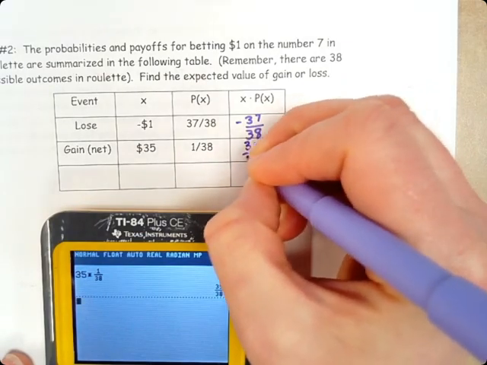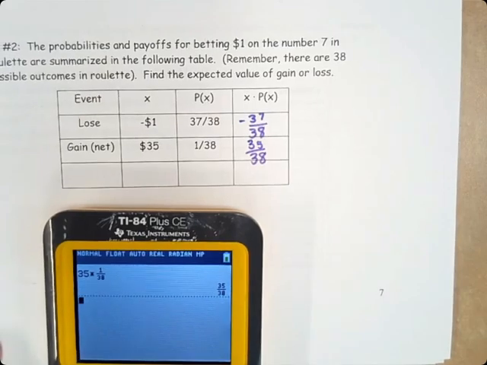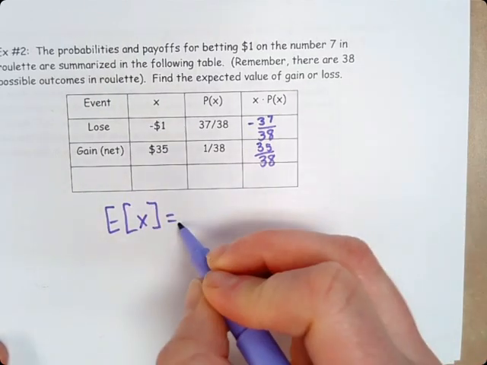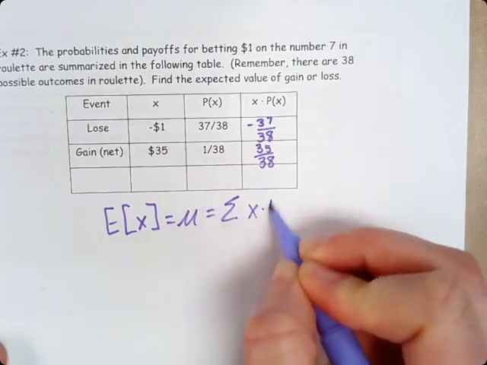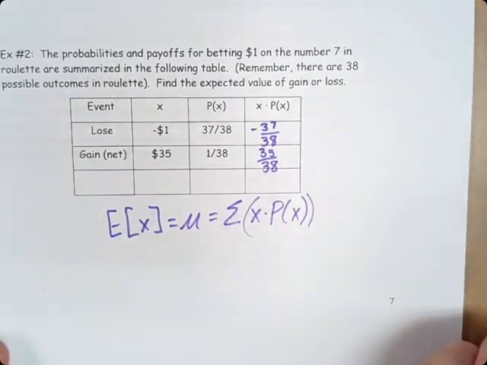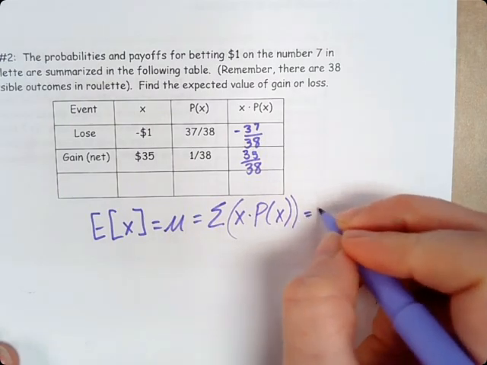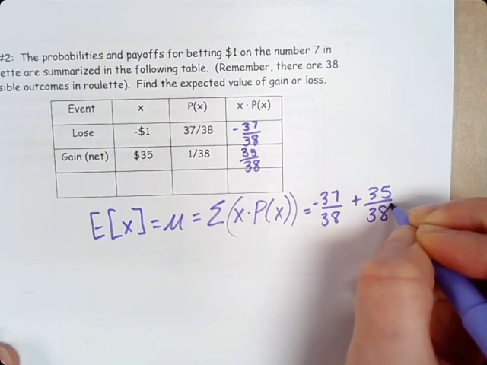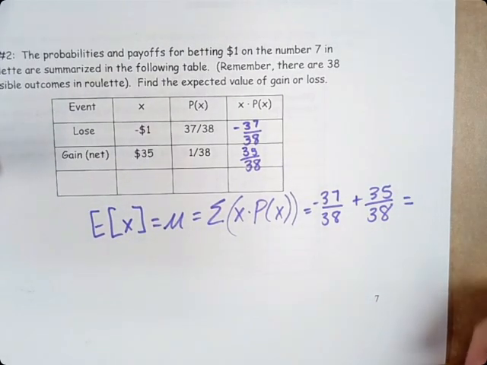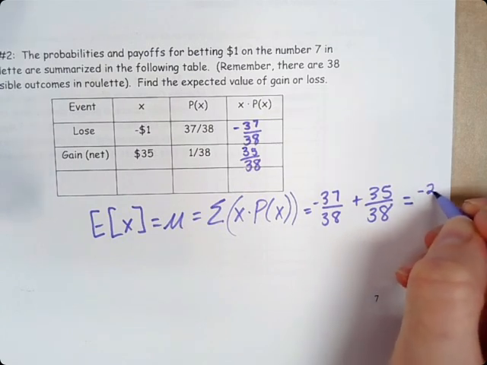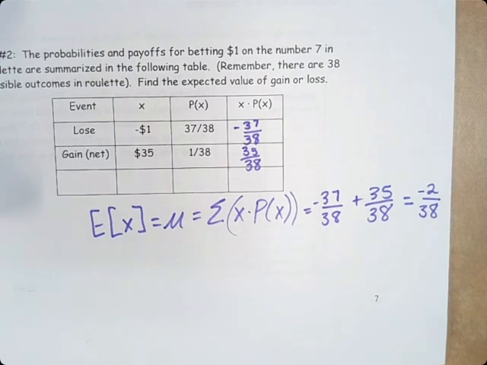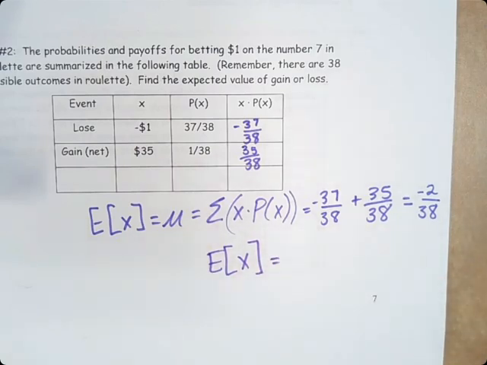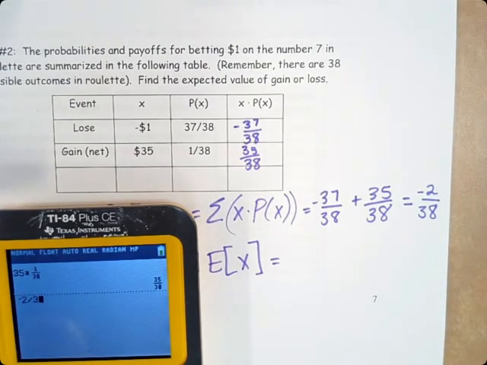In order to find our expected value, we would do mu, which is the summation of X times P of X. This one would be negative 37 over 38 plus 35 over 38, so negative 2 over 38.